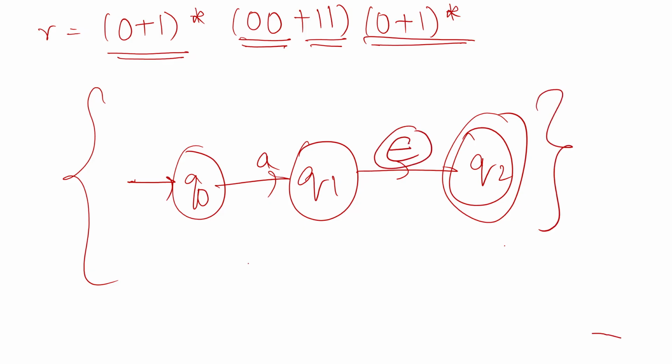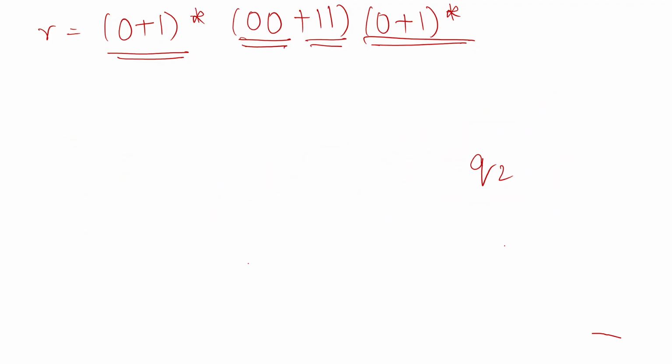Epsilon helps us in reaching. Now, by this example, I'll show you the necessity of using epsilon here. In this example, we don't require 0 and 1 as (0 + 1)*. It is not a necessary thing. It can be an empty string also. So here we'll use epsilon.